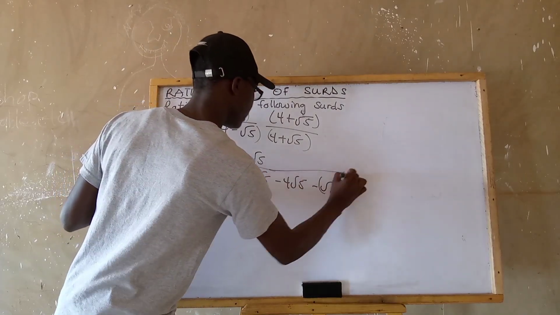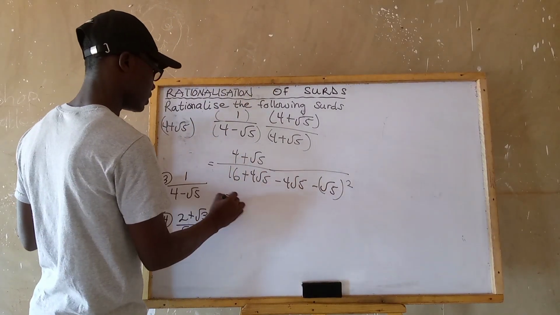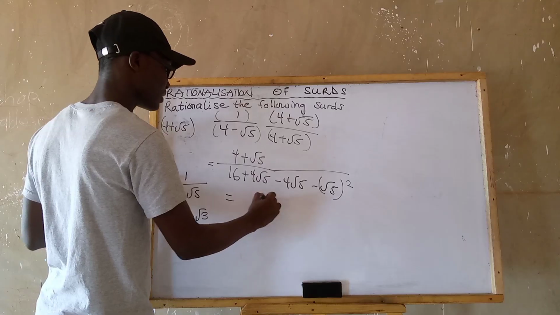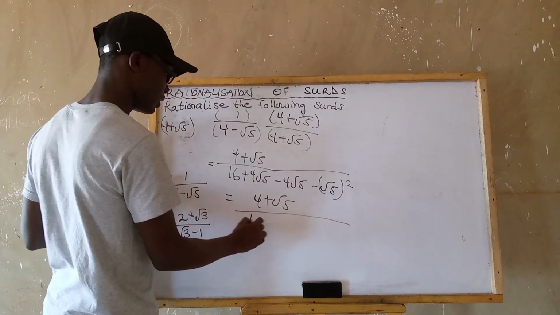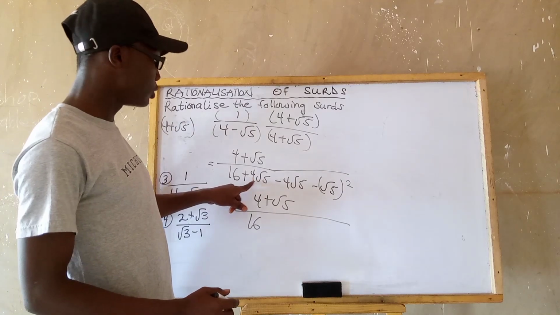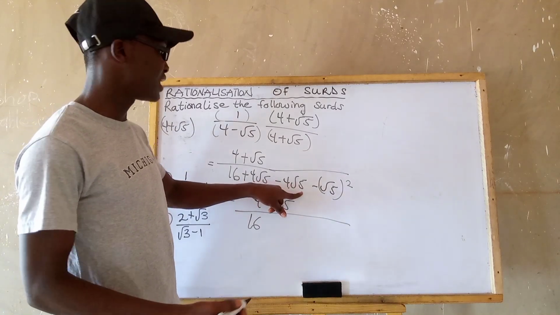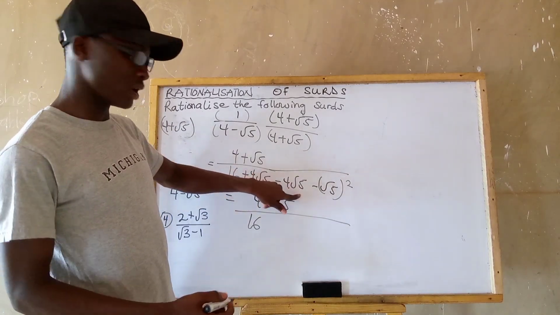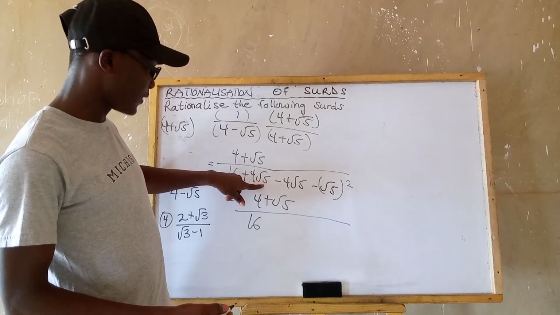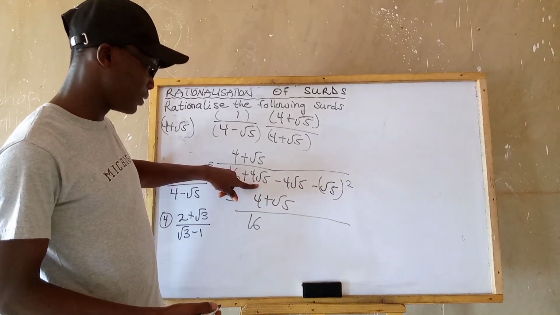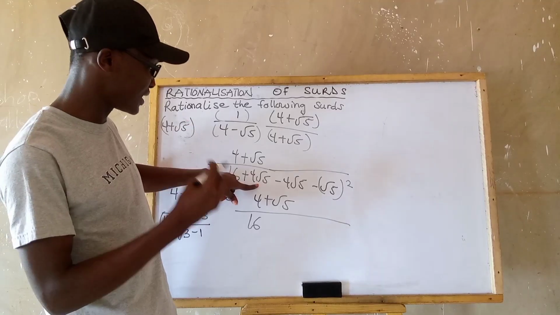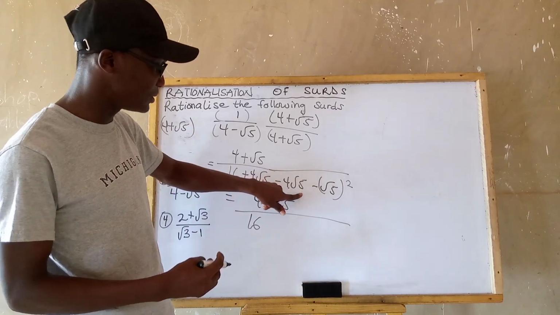Now we have this. Let's continue. So 4 plus root 5 over 16. Here we have 4 root 5 minus 4 root 5. It's like saying 1 minus 1 is 0. This term, we have subtracted that same term from itself.